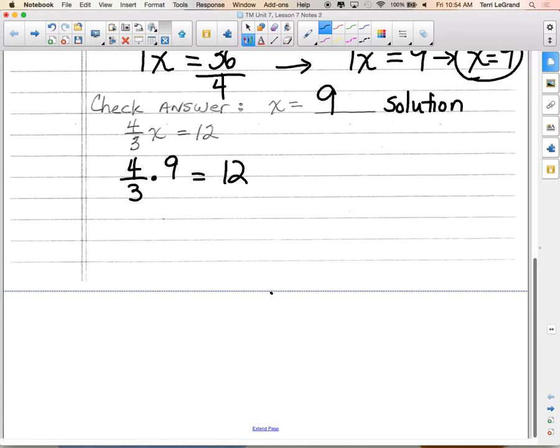Well, we have to take a fraction times that 9. What should we do with that 9? Put a 1 under it. Multiply across the top. What's 4 times 9? 36. 3 times 1 is 3. 36 over 3 means 36 divided by 3.